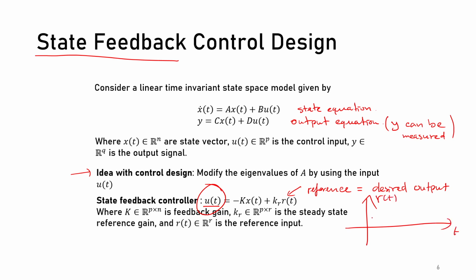It means you choose desired r(t). Let's say you choose desired a step like this, and you expect the actual output Y to be something like this, right?